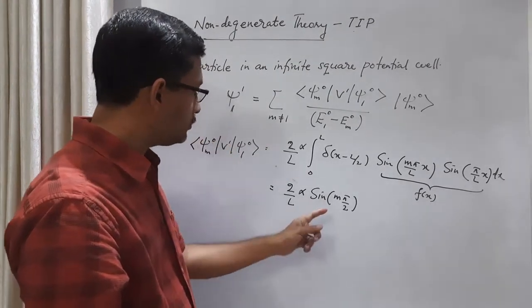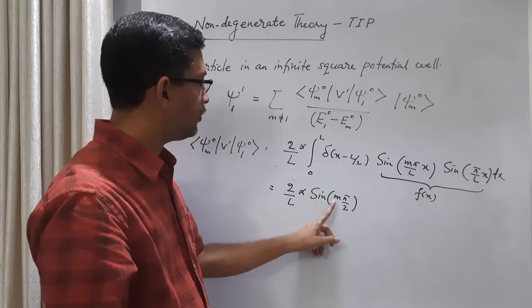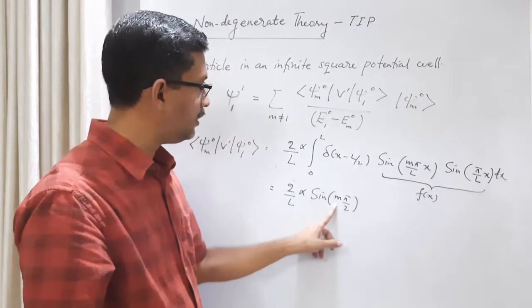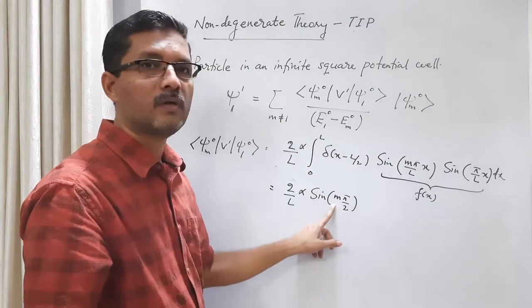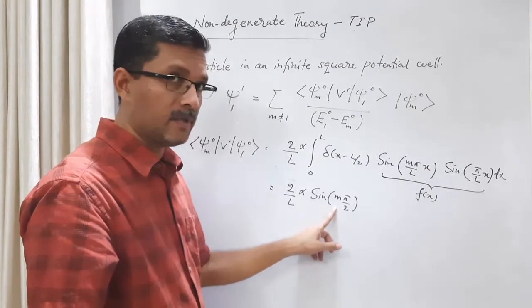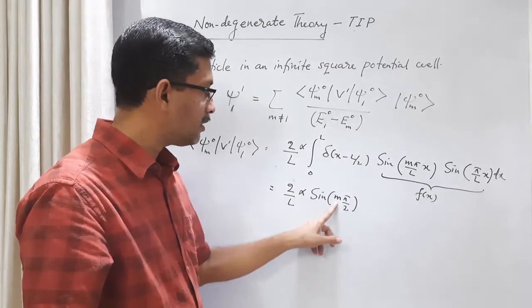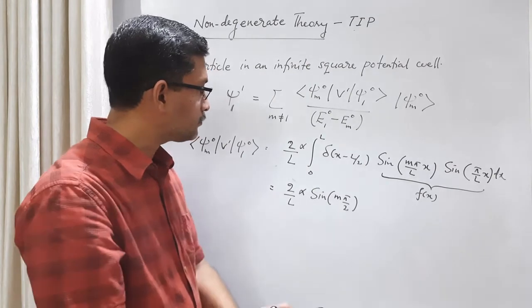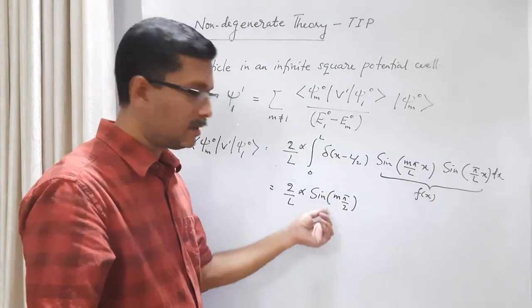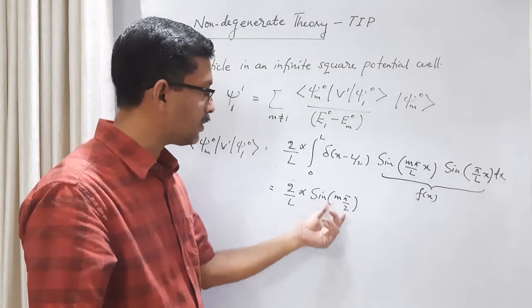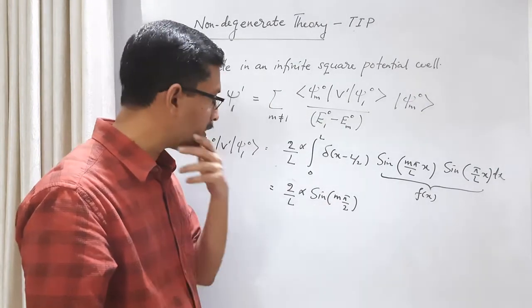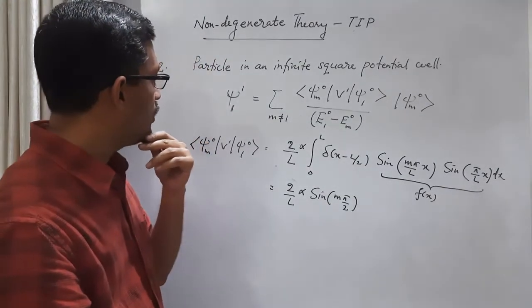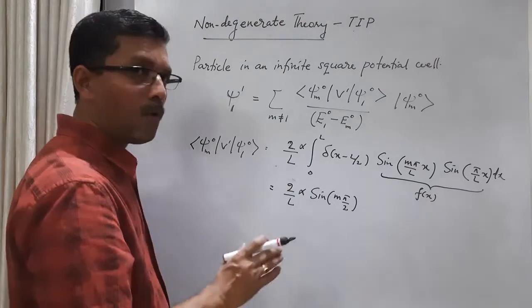Now we know that this will be non-zero only for odd values of m. If m is even, then this will be 0. M equal to 2, m equal to 4, etc., this term will be 0. So for even values of m this will be 0, and it will be non-zero only for odd values of m.